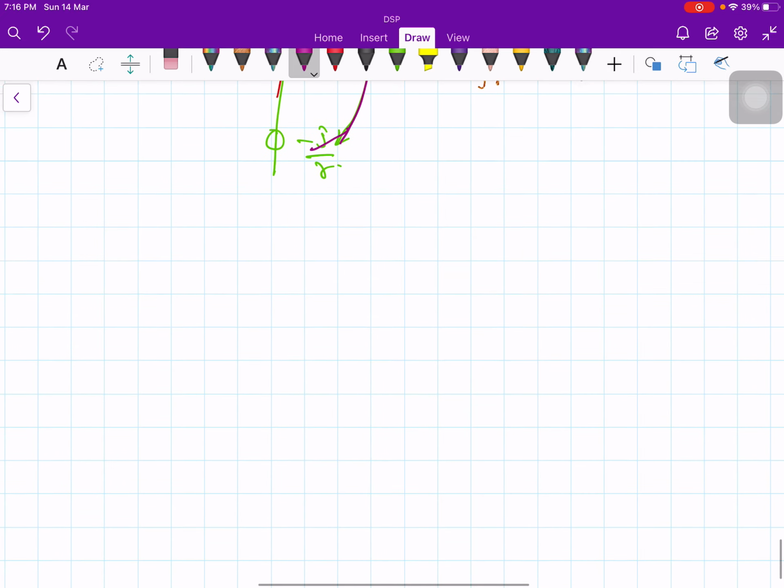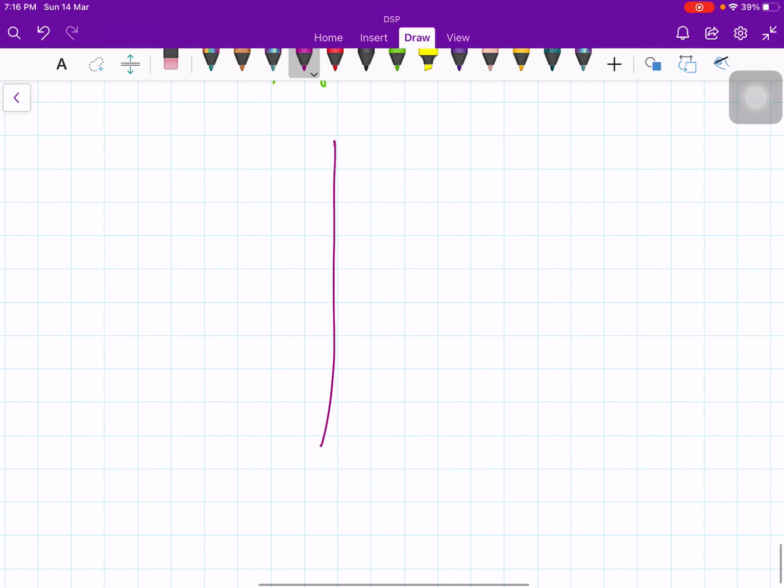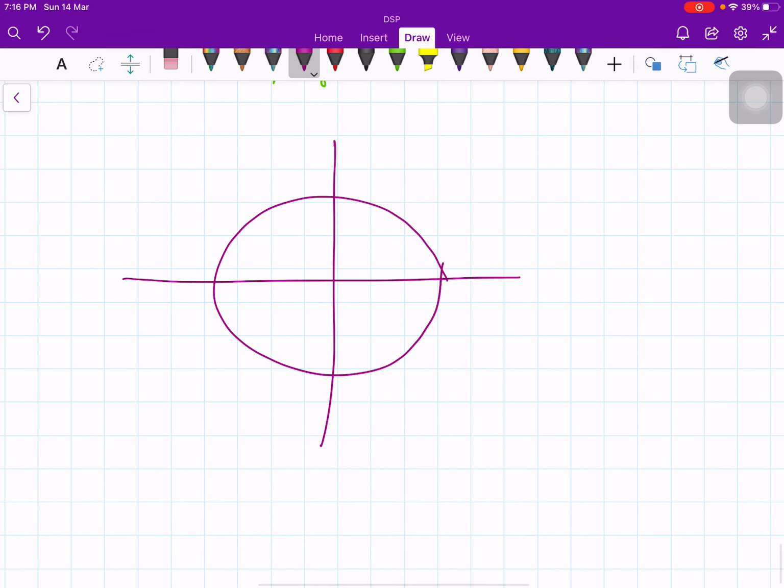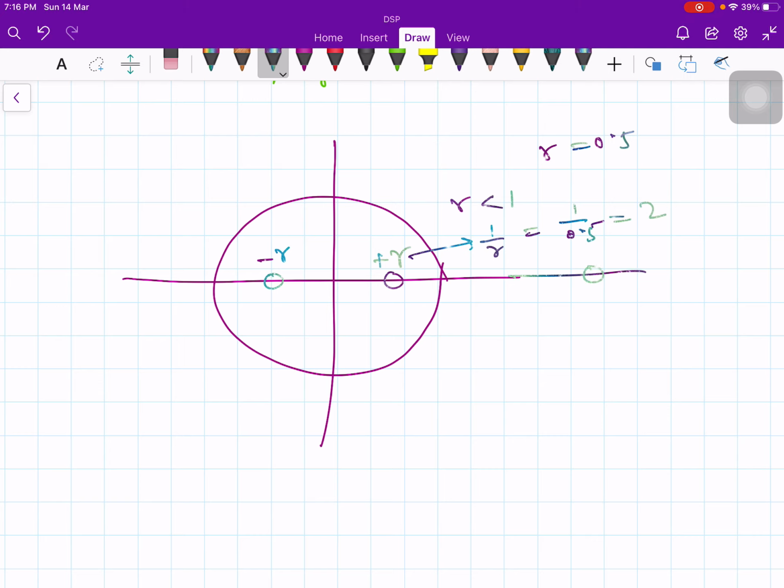Now let me take one more example, where the zeros are located on the real axis. Let's say these are plus r and minus r, and assume r is less than 1, say r is equal to 0.5. Then the reciprocal is 1 by r, which is 1 by 0.5, that is 2. So the reciprocal of this zero is here.